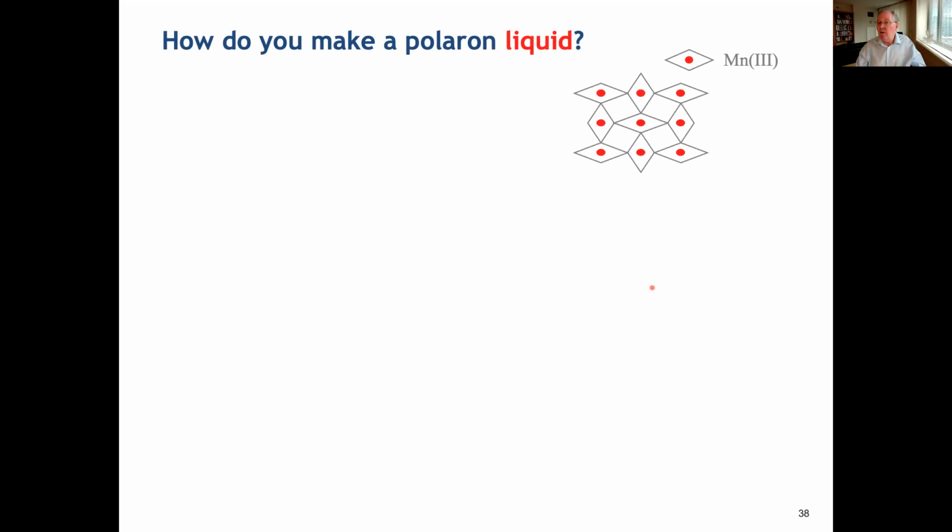So then the question becomes, if I want to make that disordered phase, how do I do it? Here's a little bit more detail underneath that. As I say, manganese 3+ likes to be shaped like this. Manganese 4+ likes to be like this. And the problem is, if I want to have a mixture of these things, which is disordered, I have a mechanical problem of joining things together.